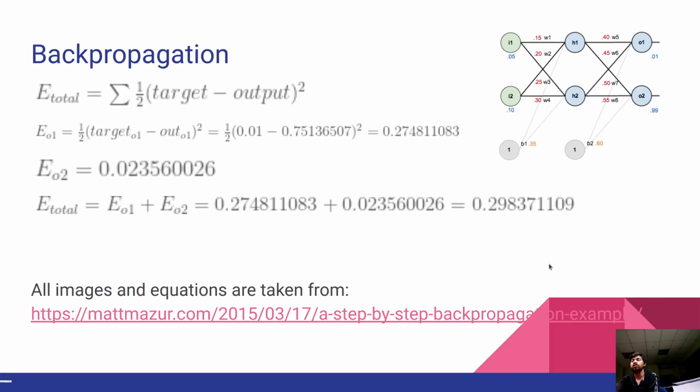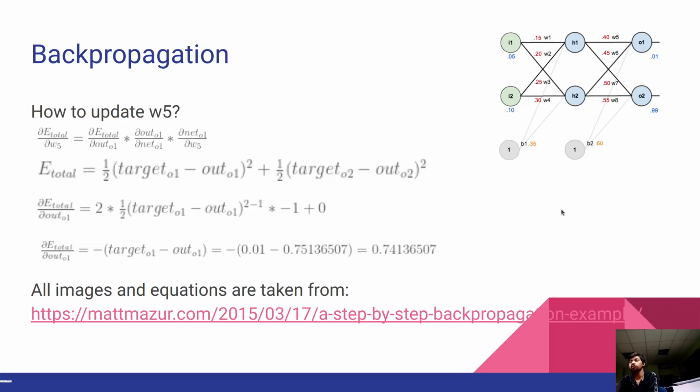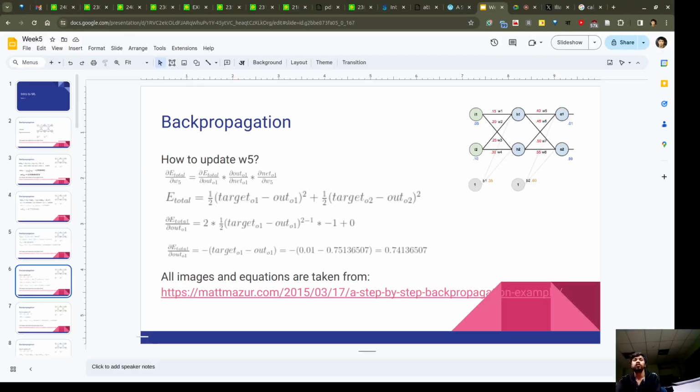Okay, so with this loss, we'll calculate the backpropagation. So how to update weight 5? Basically we have to calculate everything. Everything means we can update W5, W6, W7, W8.